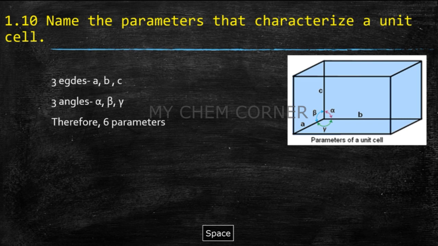Therefore, we will have 6 parameters when you look at a unit cell. So this way you will be able to identify the different values of alpha, beta, gamma or A, B, C in a particular type of unit cell, which is not necessarily always a cube. We have also learnt about the 7 primitive unit cells in the very start of the chapter. Alright.